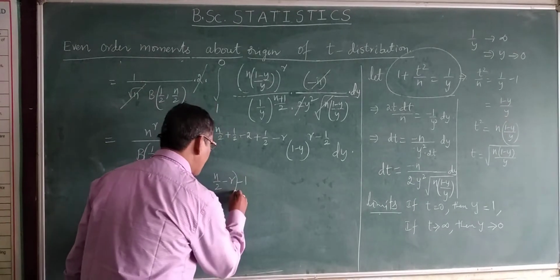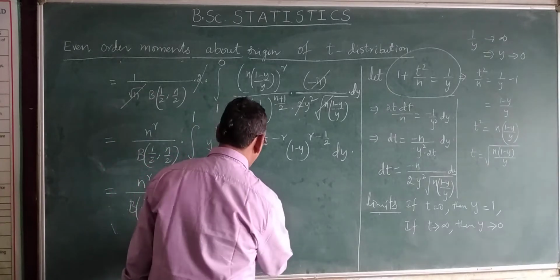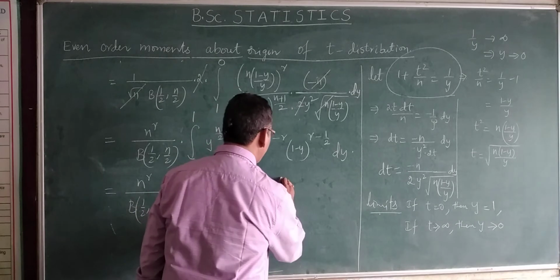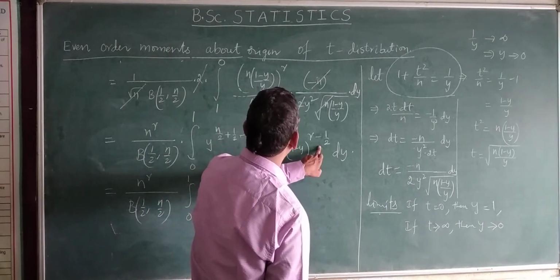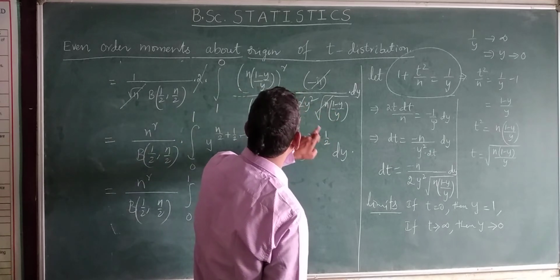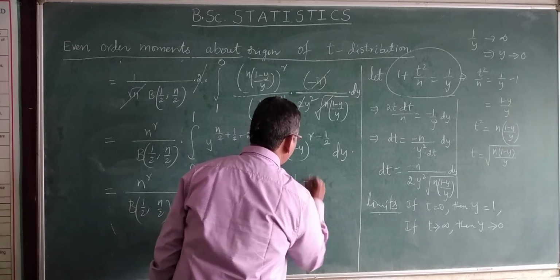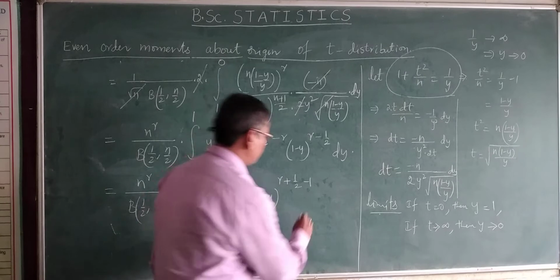So I am taking some particular value m: y power m minus 1 into 1 minus y whole power r plus 1 by 2 minus 1. I am writing minus 1 by 2 as plus 1 by 2 minus 1. So this is dy.